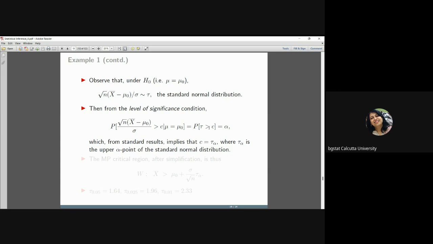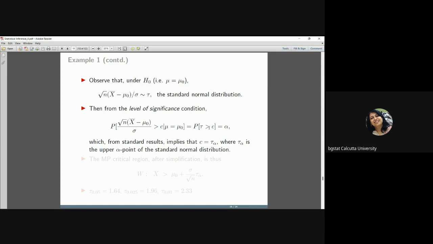So alpha is some value like 0.05 or 0.01 or some known value. So in that case, we want the probability of root n x bar minus mu naught over sigma greater than c, given that the true mean is mu naught, to be equal to alpha.